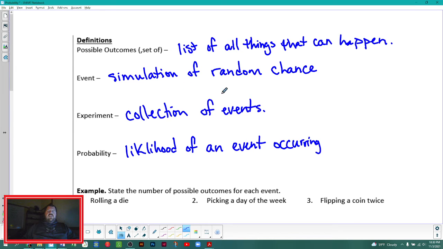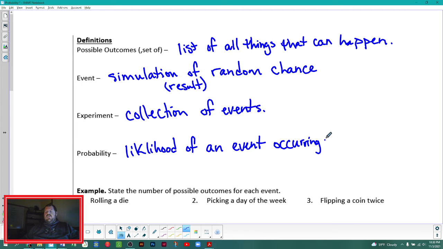Now, really an event is not just a simulation, but it's also included in the result. Okay, it's the result of a random chance experiment, I should say. And an experiment would be any number of things happening. Okay, but the likelihood of an event occurring is the probability.